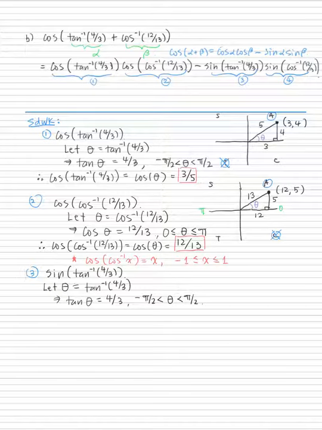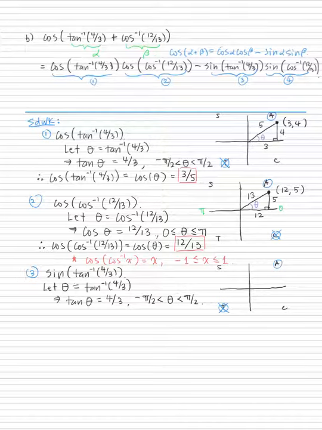Okay, so picture time. Okay, so tangent of theta is positive in 1 and 3. But theta is between negative pi over 2 to pi over 2, so quad 3 is out. And again, our angle theta is going to lie in quadrant 1. So no matter what, our answer should be positive.